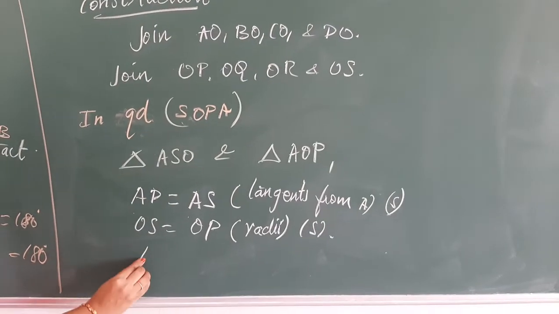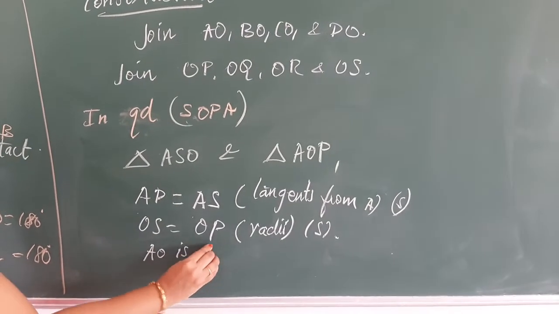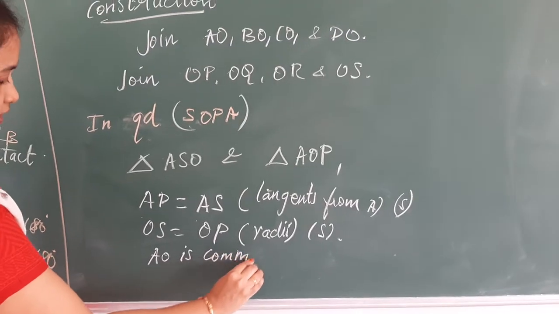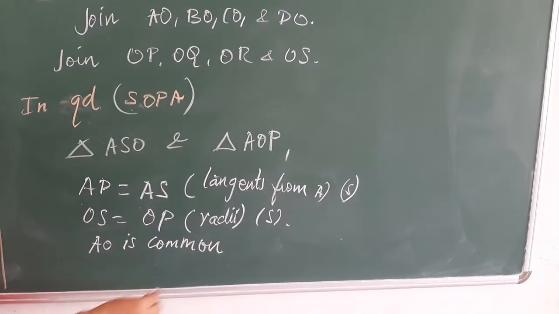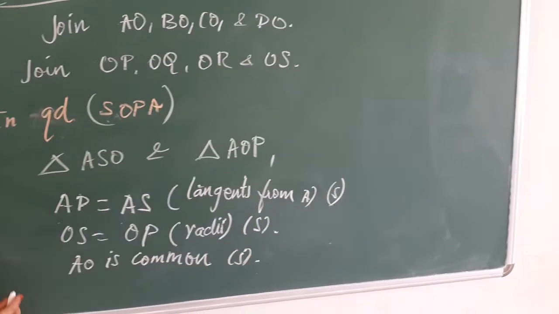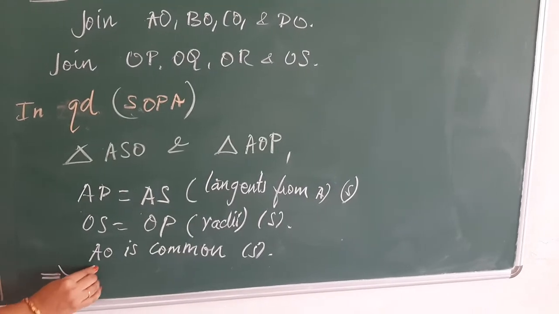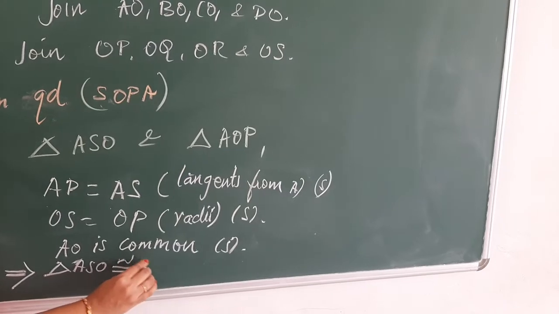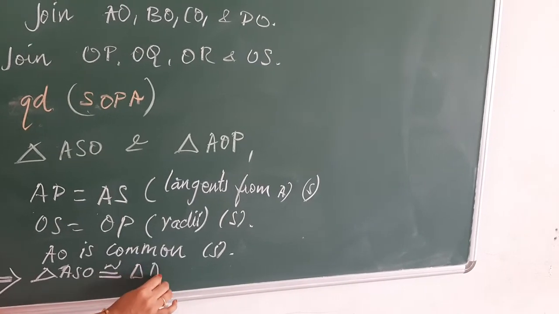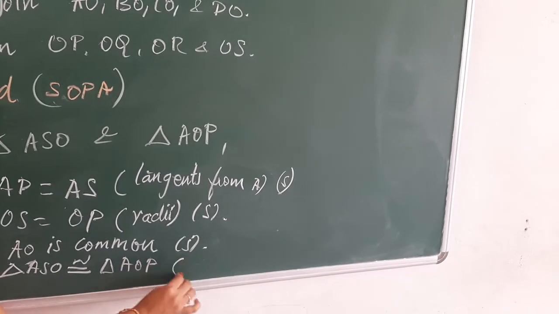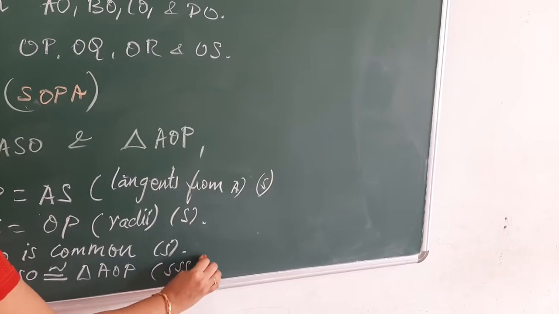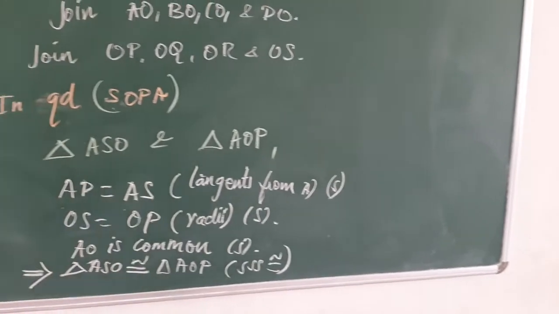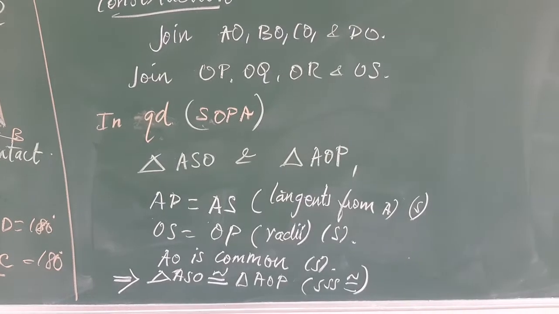And the third side AO is the common side for these two triangles. AO is common. So the third side is also equal, which implies that triangle ASO is congruent to triangle AOP by SSS congruency. These two triangles are congruent by SSS congruency.